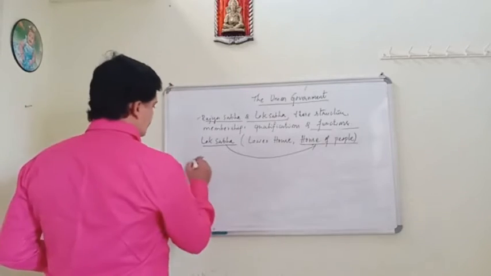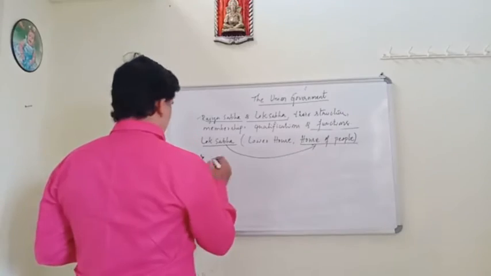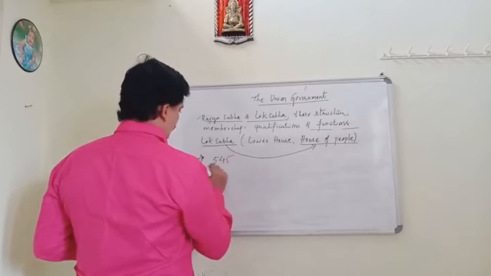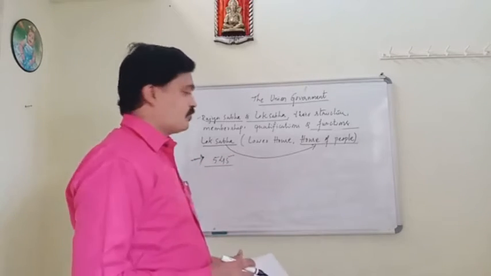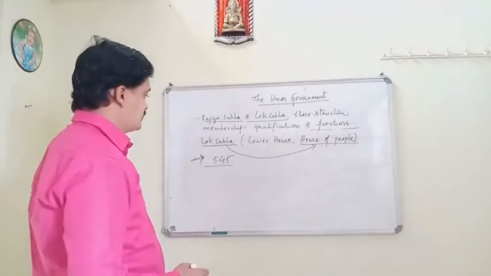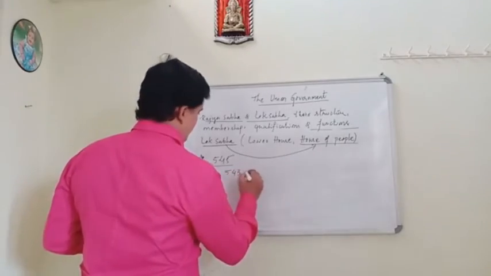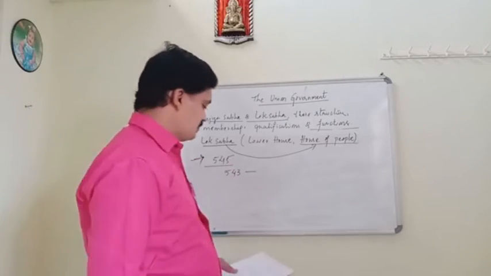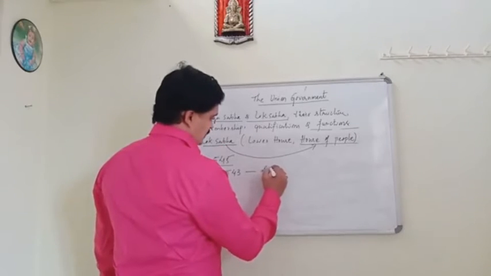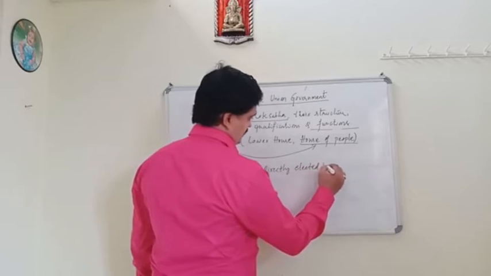When we come to the strength of the Lok Sabha, the maximum number of seats is 545. Out of this, 543 members are directly elected by the people.